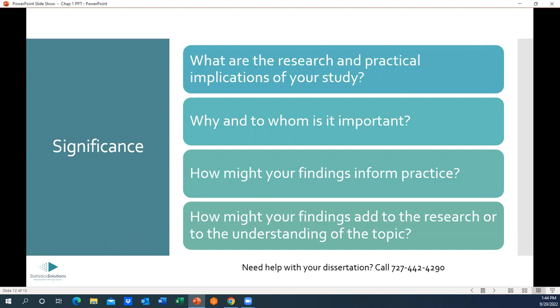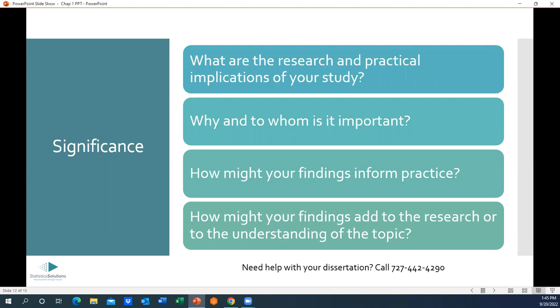If you're doing an education study that involves parents, it might be valuable to parents. So you want to talk a little bit about who your information would be valuable to and how. How would it inform teachers, for example, or administrators? So that's the other prong. How might your findings contribute to research? How might they contribute to practice?